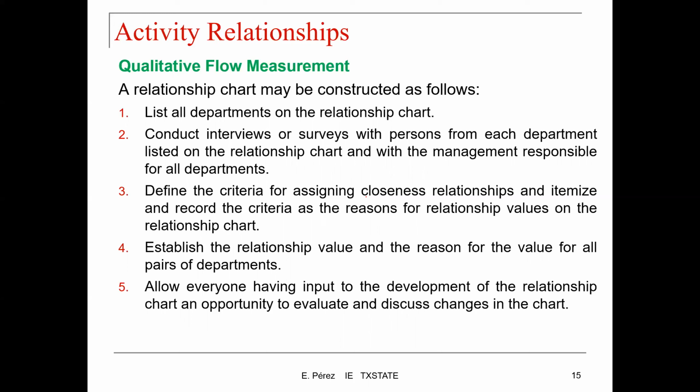Number 3, you define the criteria for assigning close-knit relationships and itemize and record the criteria as the reasons for relationship values on the relationship chart. Number 4, you establish the relationship value and the reason for the value for all pairs of departments. And number 5, you allow everyone having input to the development of the relationship chart an opportunity to evaluate and discuss changes in the chart.